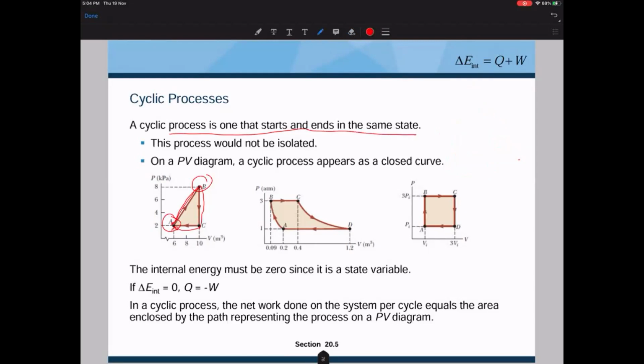They have the same starting point and ending point, but it would go through some intermediate states. The process would not be isolated. And as you will see, here we have some different scenarios for cyclic processes, which involve multiple single processes.